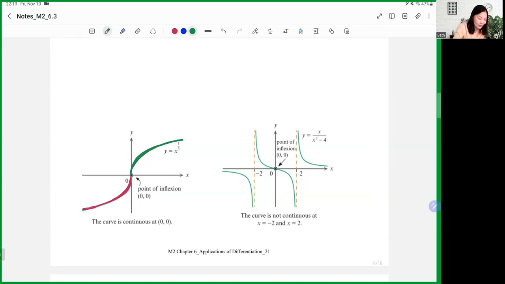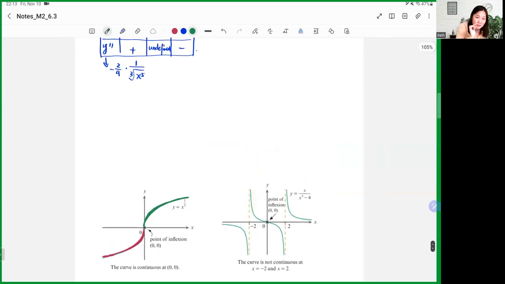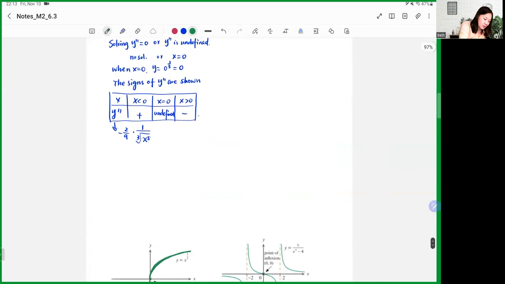I think that explains why we need to also solve derivative does not exist, undefined. So conclusion, the point of inflection is 0, 0.